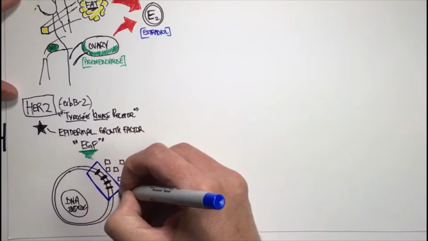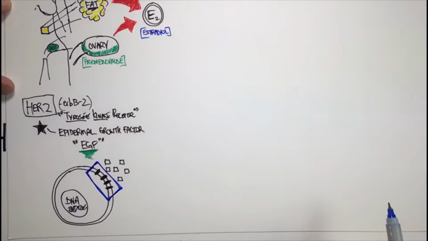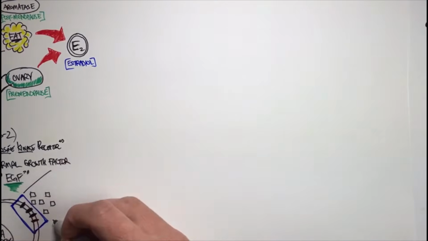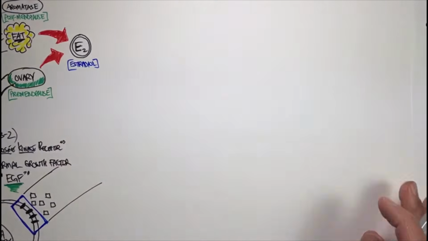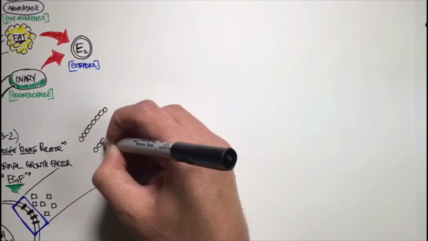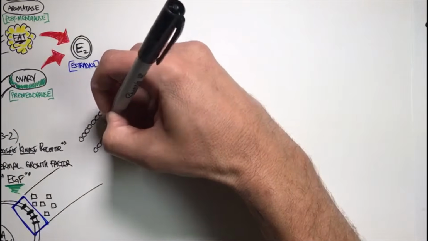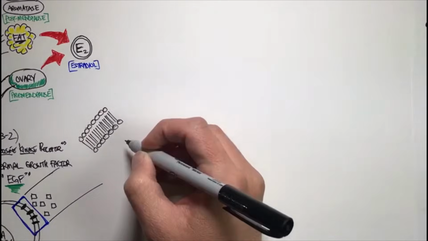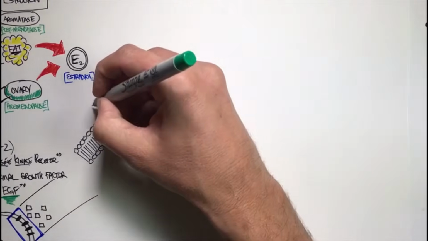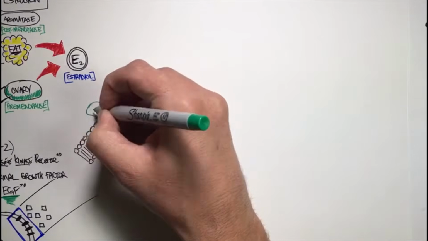So if I focus on just this outer cell membrane where the receptors are found, and I magnify it for you here a little bit, I'll do my best to draw what we call a lipid bilayer. Bi means two, and so the structure of the outer membrane of a cell is two sort of fatty layers stuck together as I just drew here.